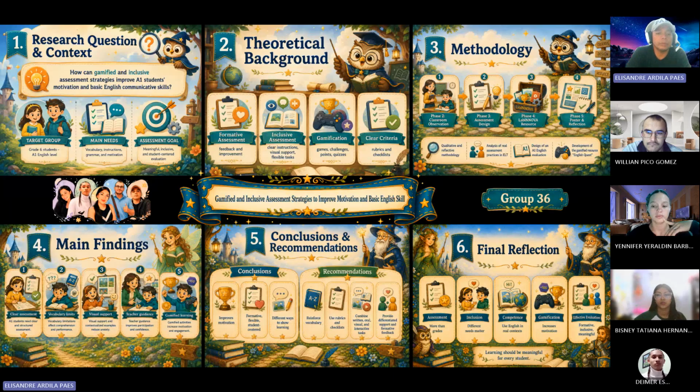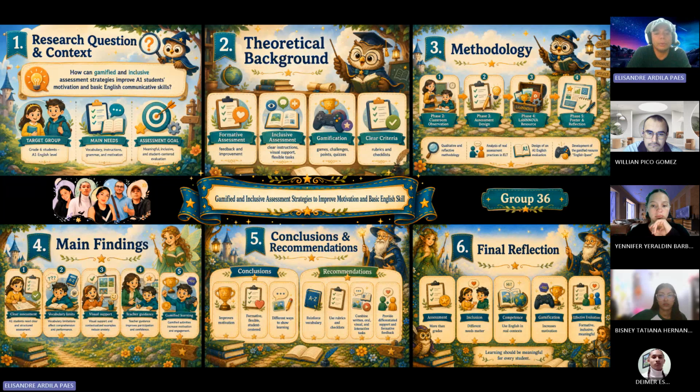The main research question that guides our group work is, how can gamified and inclusive assessment strategies improve the motivation and basic communicative skills in English of A1 level students? The context of this proposal is focused on sixth grade students with A1 English level.